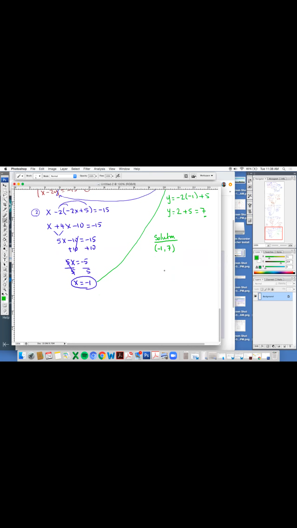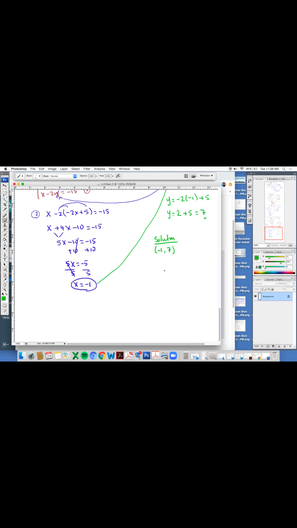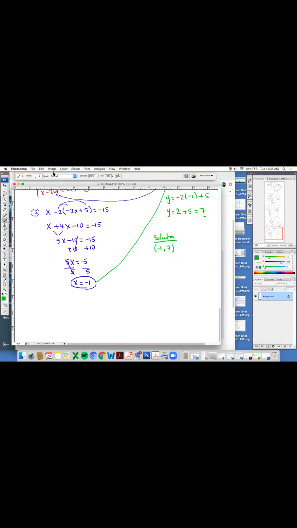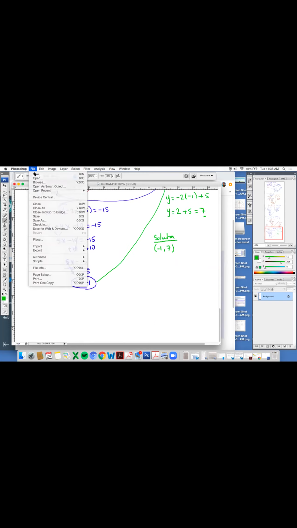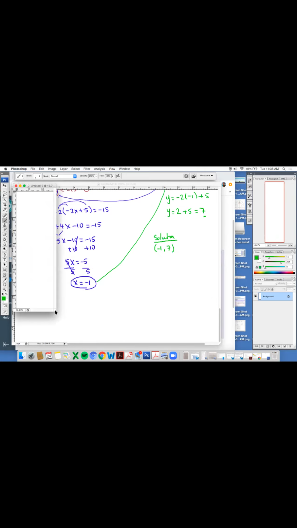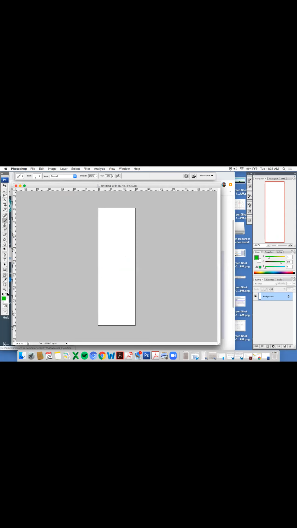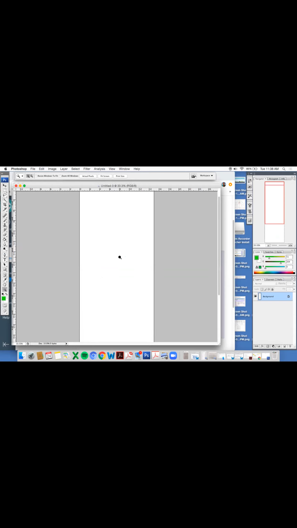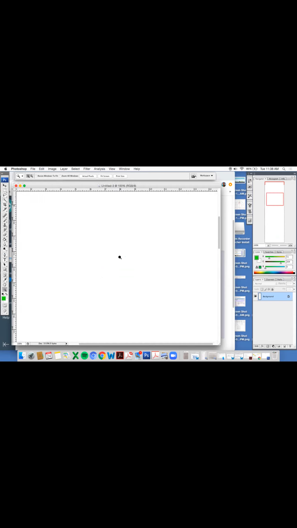Okay, so let me look at one more example. Let me get another sheet of paper, for the special cases that don't have a solution or have infinite solutions, and see what those look like when you're solving them with substitution.